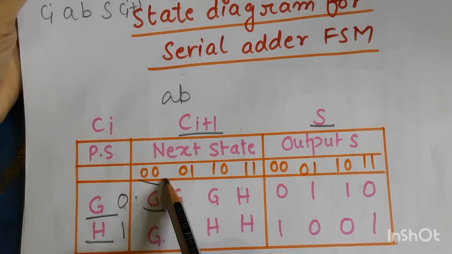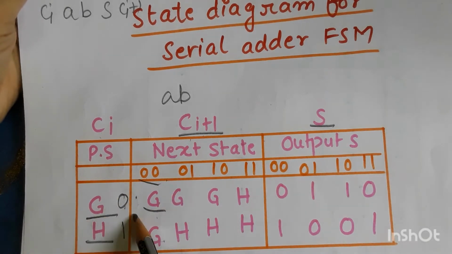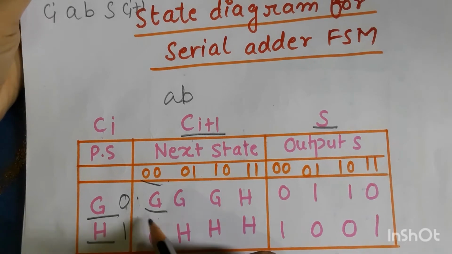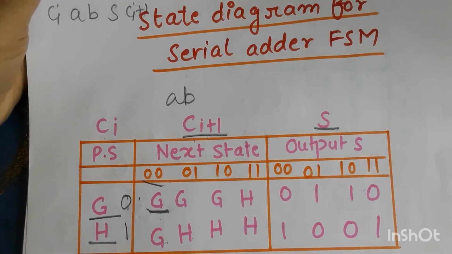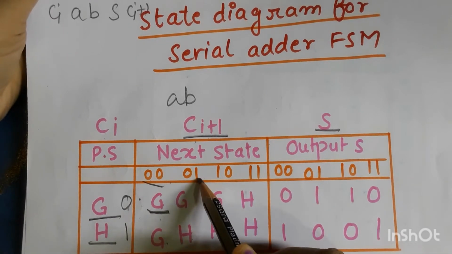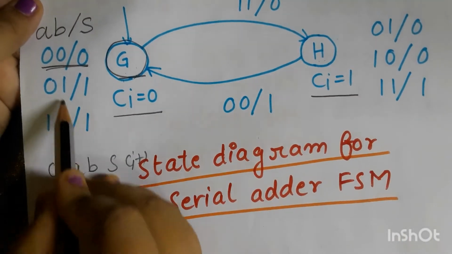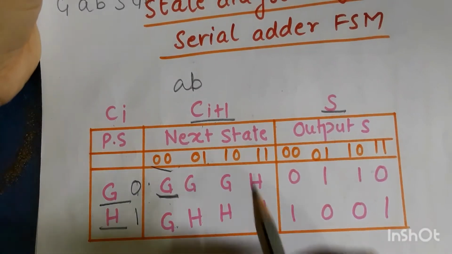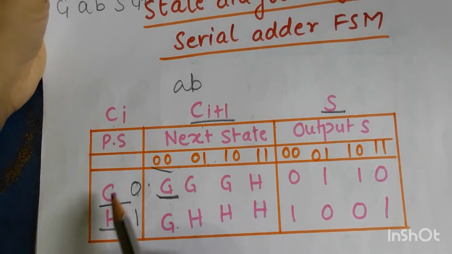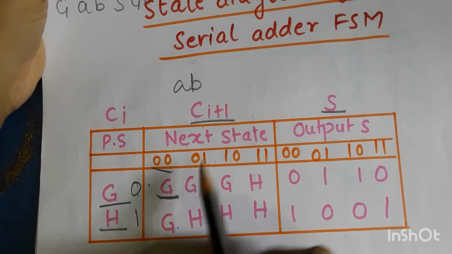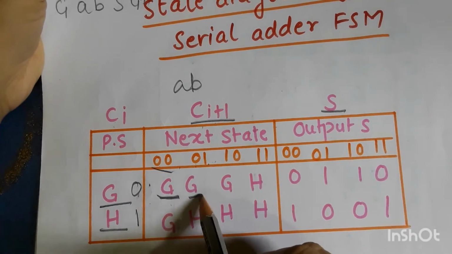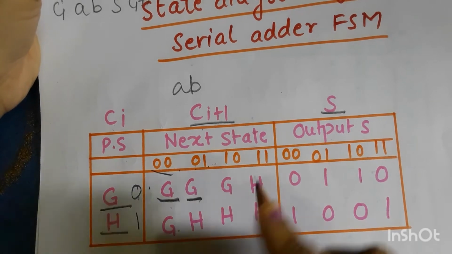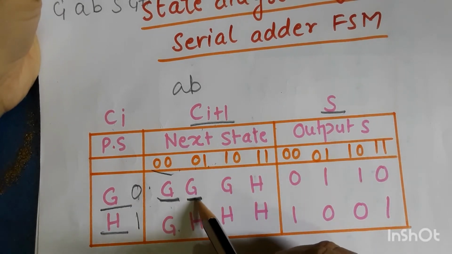If AB is 0 0 and Ci is 0, next state Ci plus 1 would be 0. When AB is 0 1 and carry is 0, next state Ci plus 1 would be G only, 0 state only, G state only where the carry is 0.